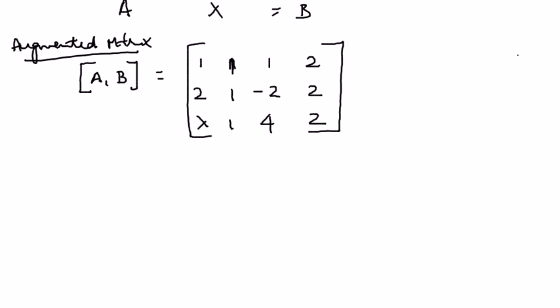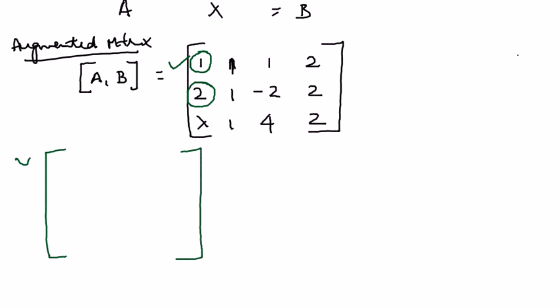Now we are going to make this augmented matrix into the echelon form. Always in echelon form, the first row, first element should be 1. It is 1. So we'll try to make the second row, first element 0. If I have to make this a 0, what should I do? I'll say R2 is equal to R2 minus 2 times R1, right?